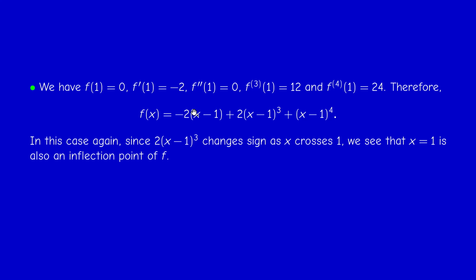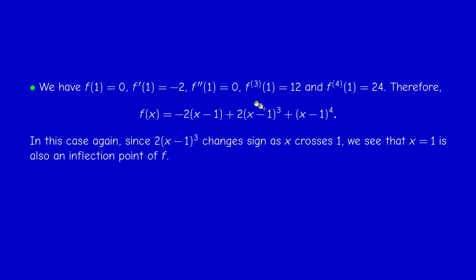Now the tangent actually is minus 2(x minus 1). So when I take the difference of f of x minus its tangent, I get (x minus 1) cubed. So this is a cubic term. When x is less than 1, it's negative, and when x is bigger than 1, it's positive. So I also have a sign change, which means that at x equal 1, I have an inflection point. And you see the picture in your book. It's not always this case, but this is just to illustrate.